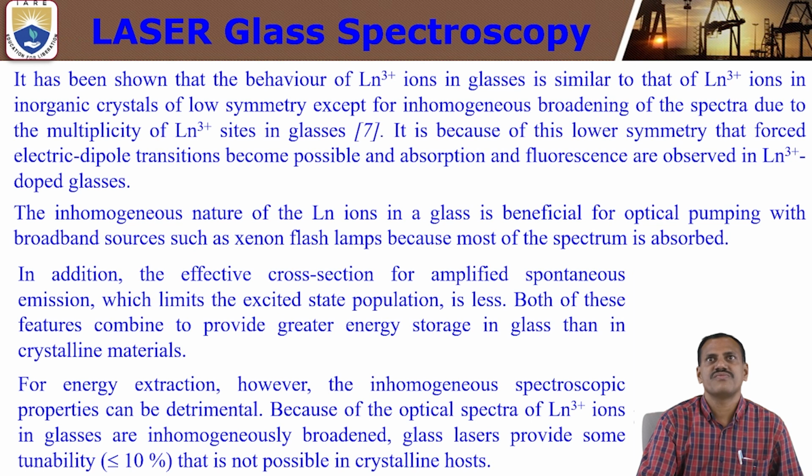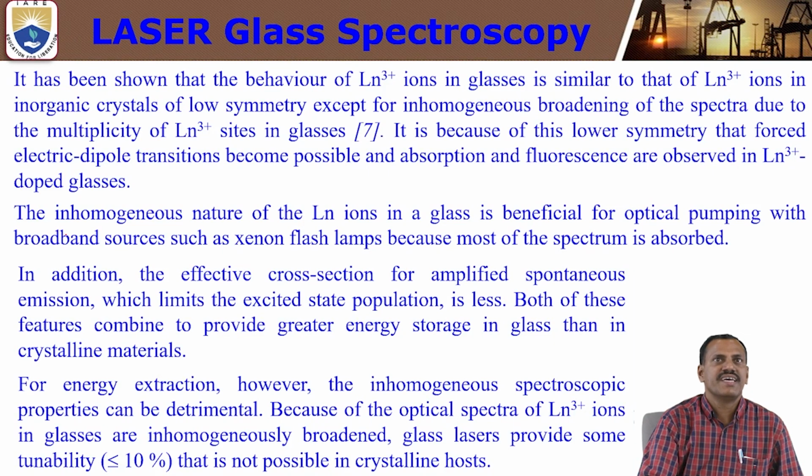It is because of this lower symmetry that forced electric dipole transitions become possible, and absorption and fluorescence are observed in the lanthanide-doped glasses. So that is the first point.